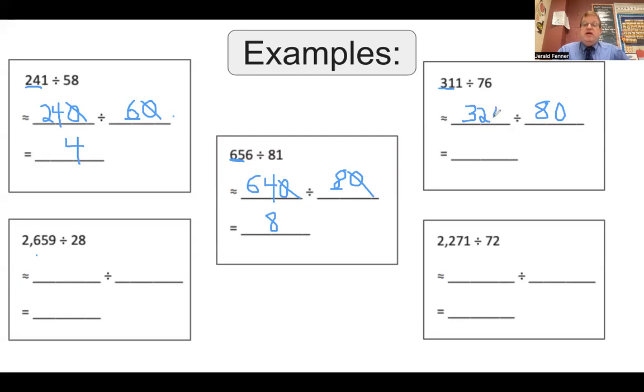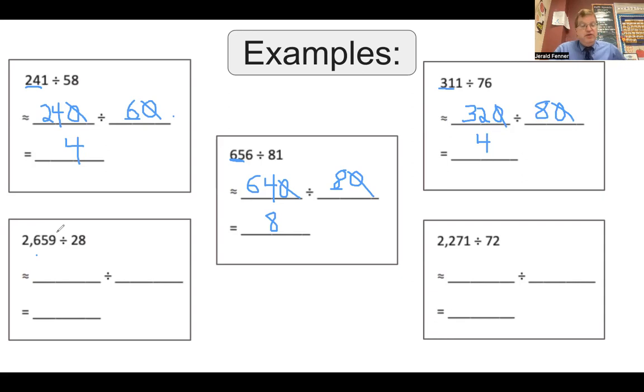We put a 0 here because 320 is close to 311. Now, we could also say the one that would be below that instead of 320 would be 240, but 320 is closer. So we're going to go with 320. We cross off our zeros. 32 divided by 8 is 4.